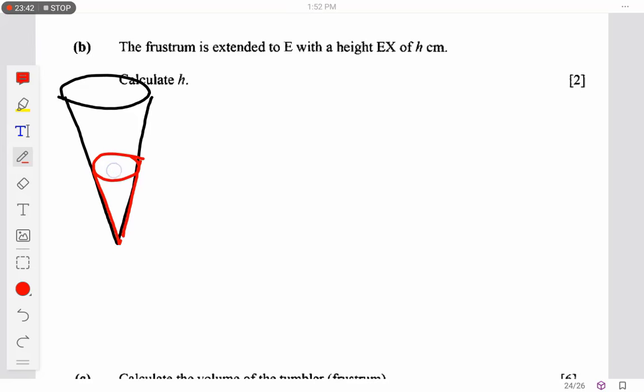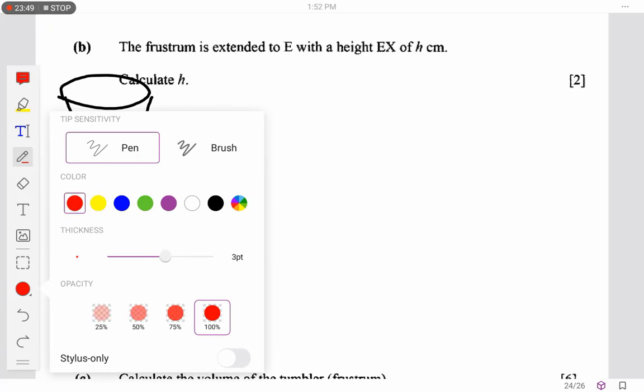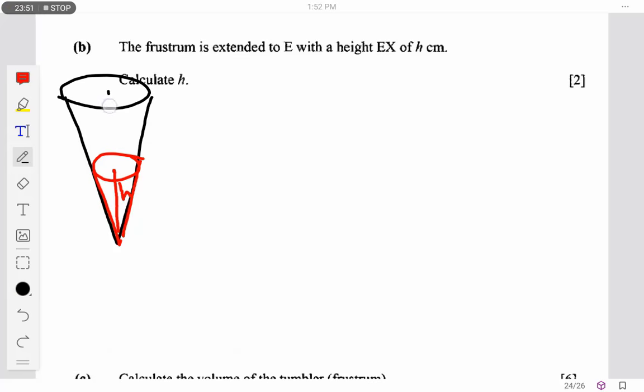So the height from here to here, that's where we want to find our h, is in the same ratio as the height from here to down there. That's the height here. So it's like we have 12 plus h there. Remember also our radii. At first we were given diameter as 6, so this is going to be 3. For the smaller one in red, the diameter was 4, so the radius is going to be 2.